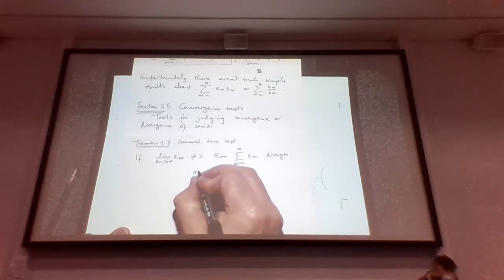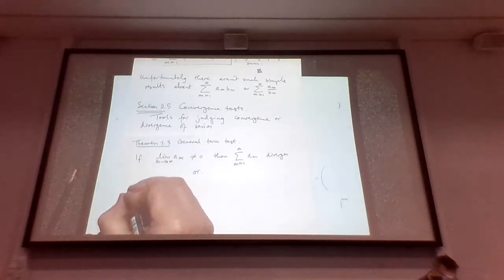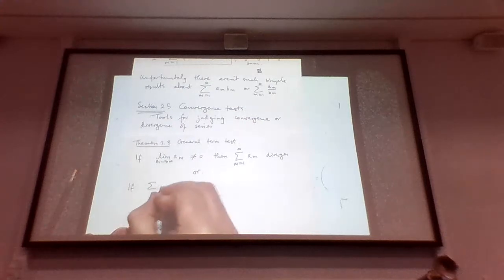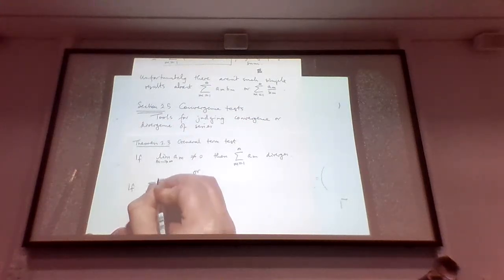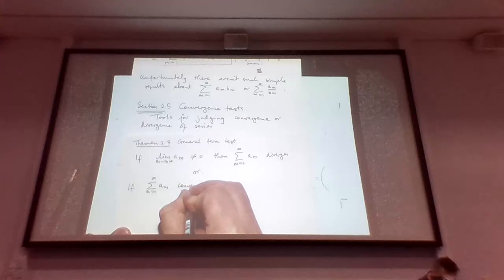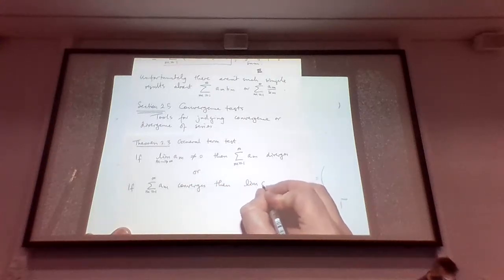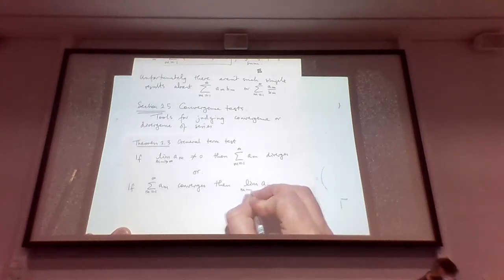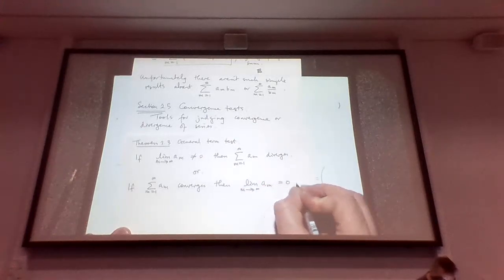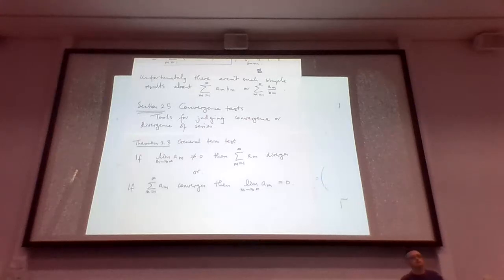Or an alternative way of expressing the same thing, we can say if a certain series converges, then the limit of the sequence of its terms is equal to zero. So there's two ways of expressing this general term test. What you have to be very careful about is misquoting the test.